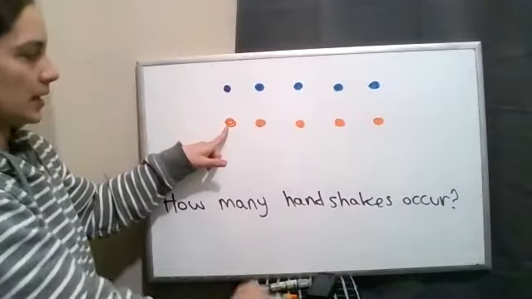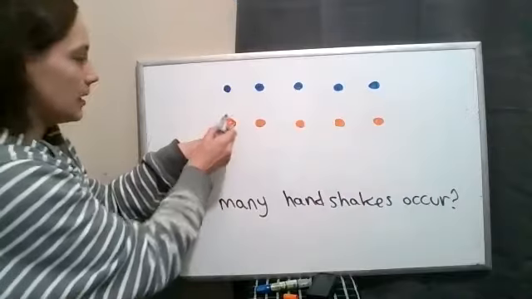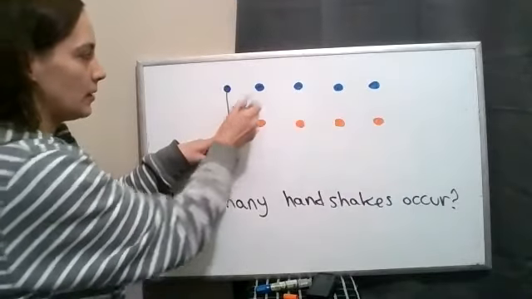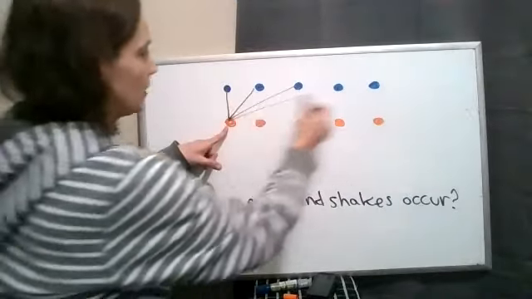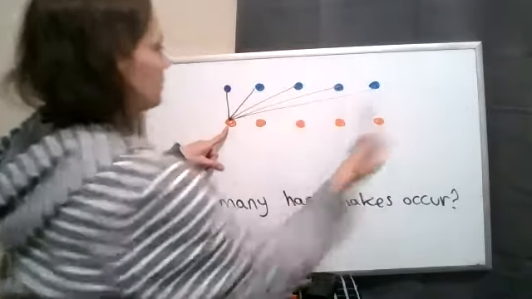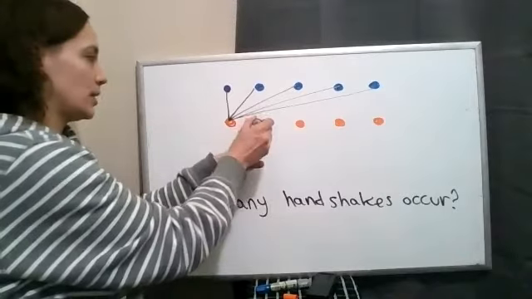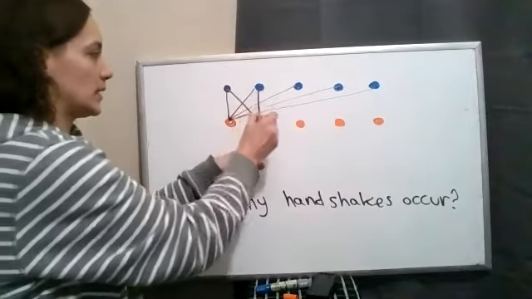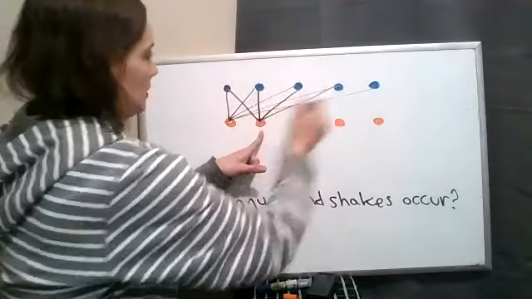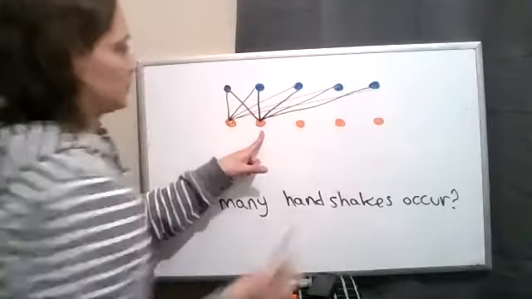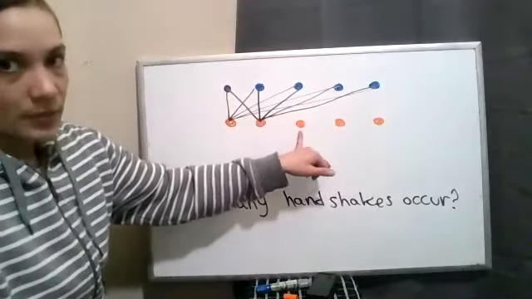So let's start with this person. They do the first handshake and go down the line and meet with everyone from the blue team. This person does the same thing, connects with each person from the blue team once. And keep on going.